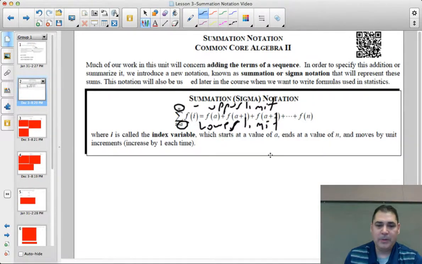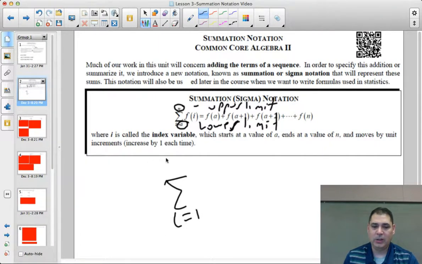The lower limit is basically where you're going to start, and the upper limit is where you're going to end. Say for instance your summation notation looks like this: i is equal to 1, and your upper limit is, say, 5. Your index is the variable that's going to be in the problem. You can use i, k, j, or any variable you want. Usually i, j, and k are the standards.